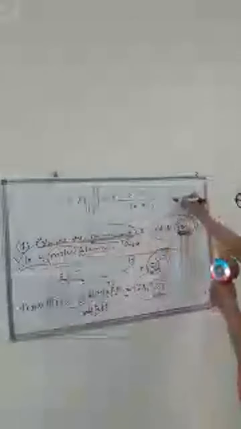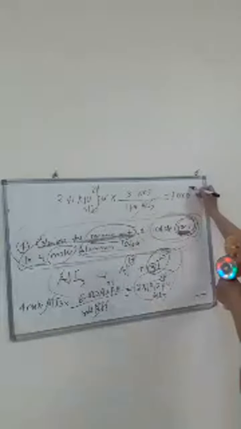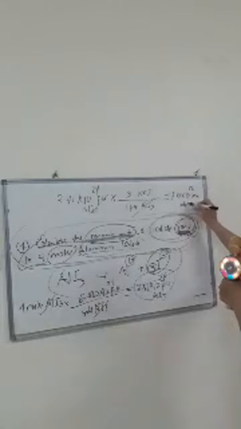So 2.41 exponential 24 times 3 is equal to 7.23 times 10 to the 24. Okay, 7.23 times 10 to the 24 ions of iodide.